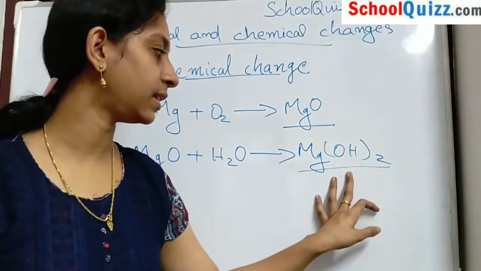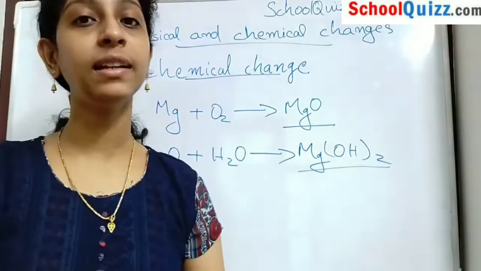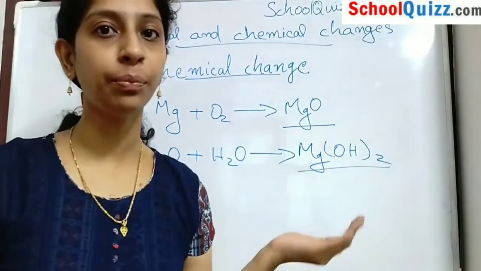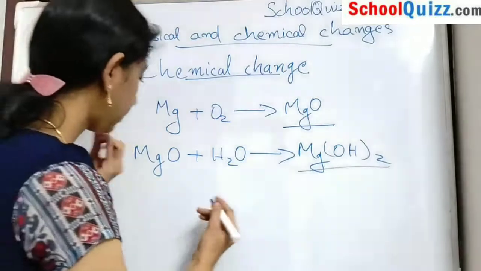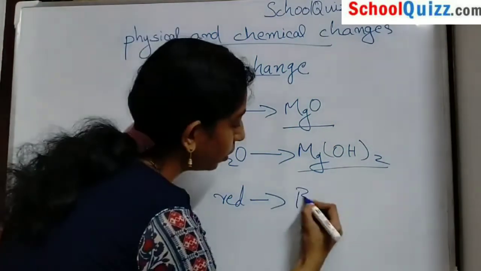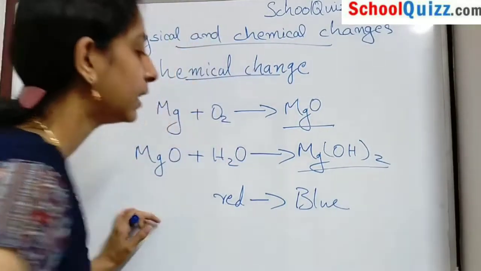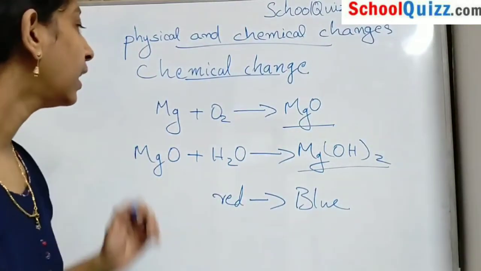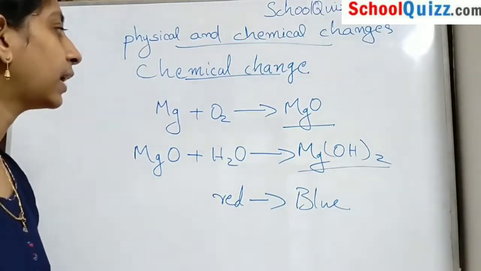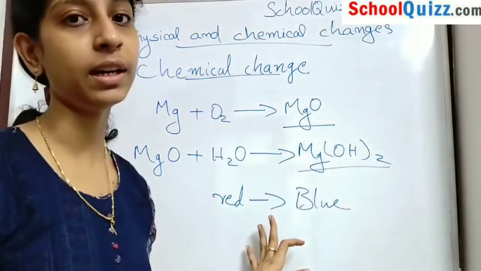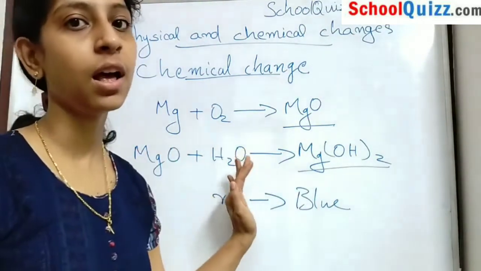This is a base, so the red litmus paper changes to blue. This is the color change of the litmus paper. In this reaction, new products are formed and a chemical change occurs.